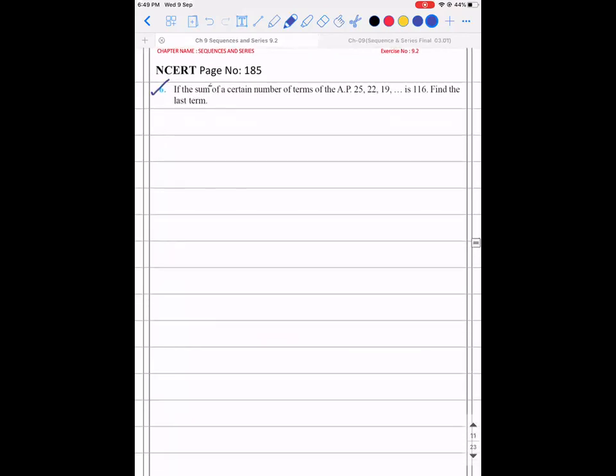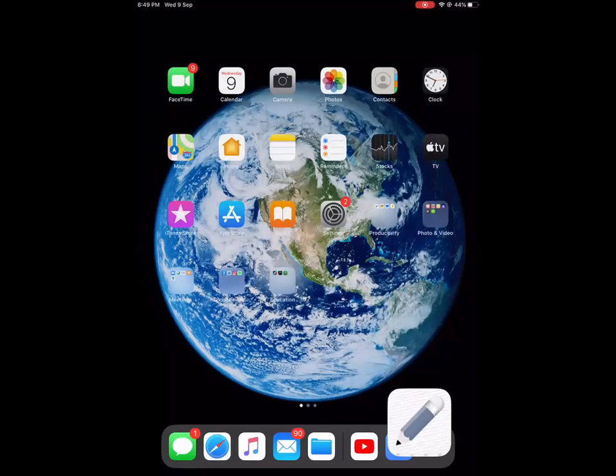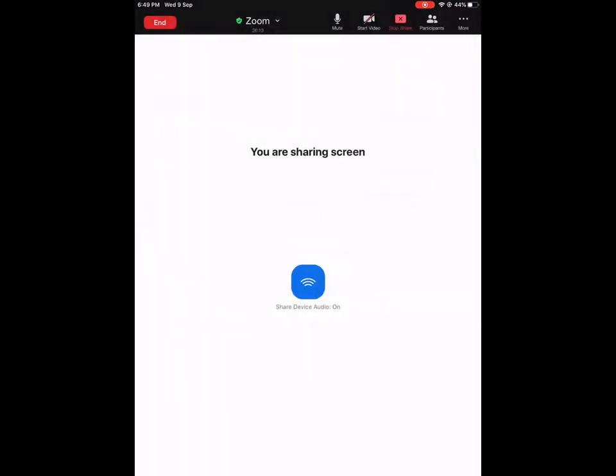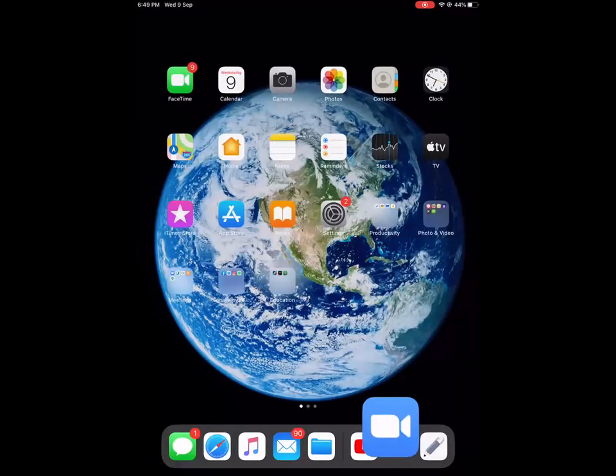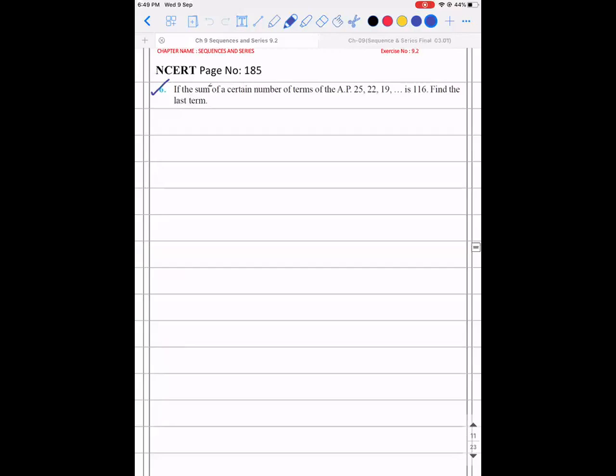Sixth question is, if the sum of a certain number of terms of the AP 25, 22, 19, and so on is 116, find the last term.